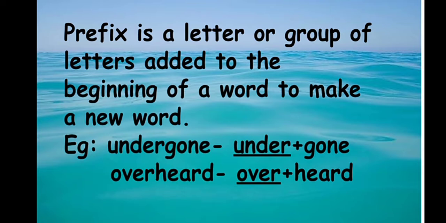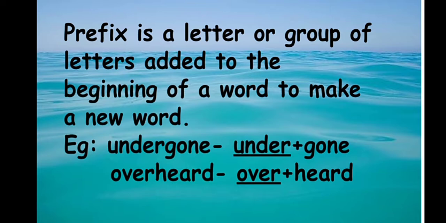These words, that is over and under, are prefixes. When you add prefixes, the word becomes a new word. It gives more meaning. Now we have an exercise on page number 35 itself.